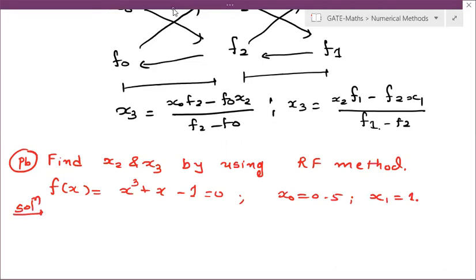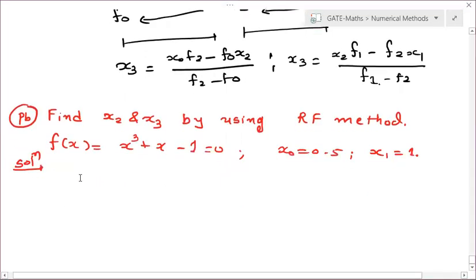Suppose your f of x is this. First let us find the values of f of x0 and f of x1. Here f of x0, that is f of 0.5, is 0.5 cube plus 0.5 minus 1. If you calculate this value, you will get minus 0.375, which is less than 0.